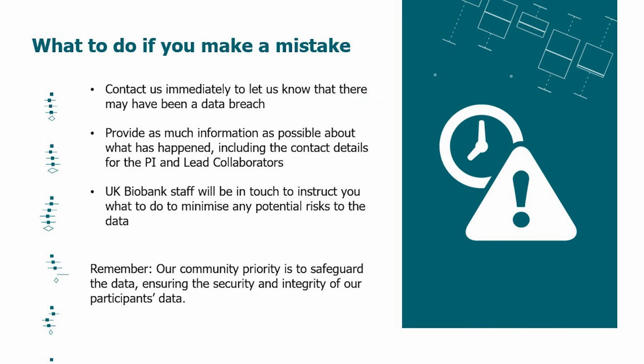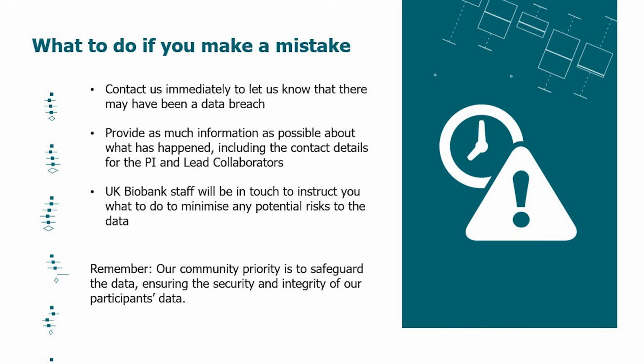What to do if you make a mistake? If you do make a mistake and commit code to a repository which contains UK Biobank data, don't panic and let UK Biobank know immediately. Provide clear details as to what was uploaded, when this occurred, who the principal investigator or lead collaborator is for the project, and any other appropriate contact details.